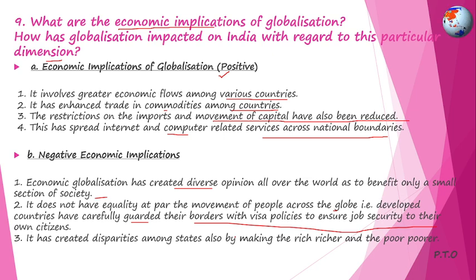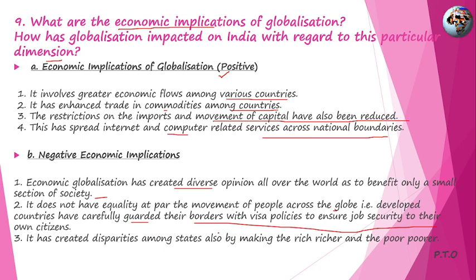This is because they have policies that you have to follow. For example, if you go to another country like the USA, you cannot directly go for a job; you have to take a visa for that. There are some policies under the visas also, and you have to follow them.